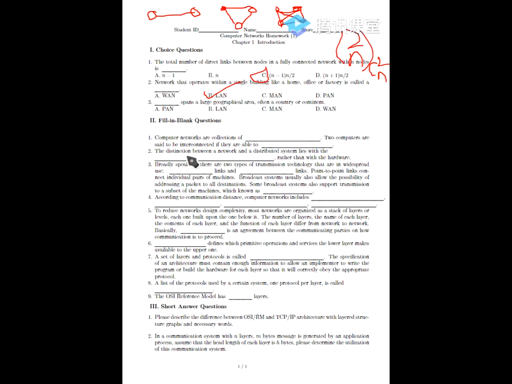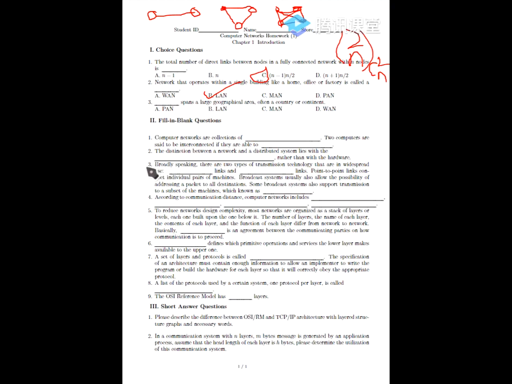The distinction between a network and a distributed system lies with the software, especially the operating system, rather than with the hardware.